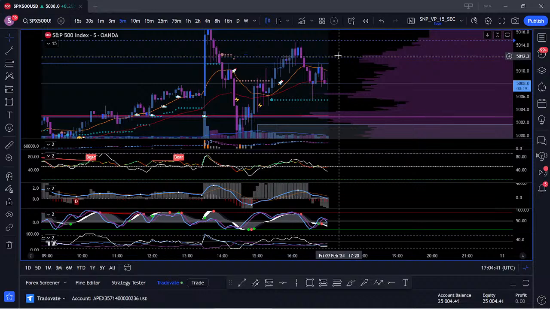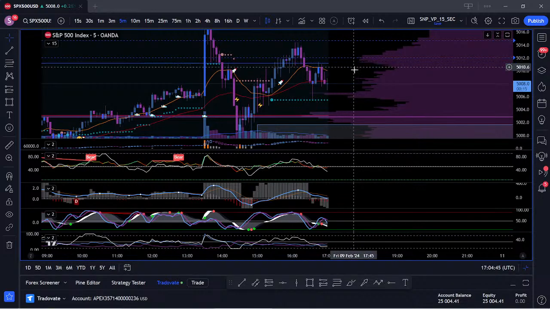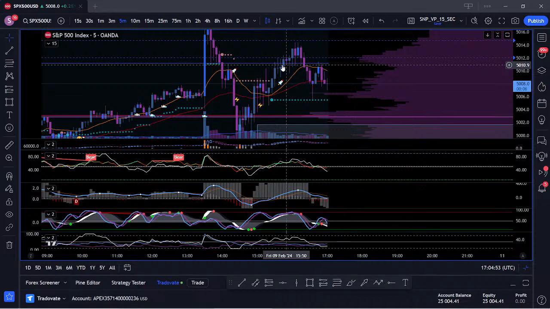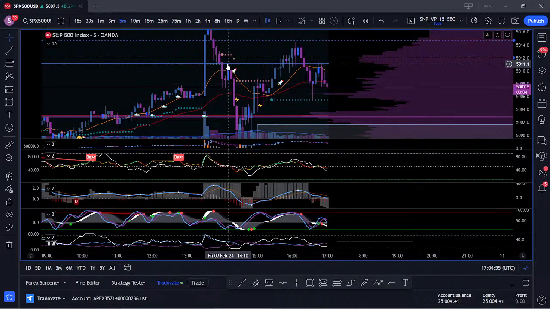See, that's where the pressure should be. But it went just below. We were unlucky. That's exactly where the pressure is. That's where it's supposed to go. But we were unlucky. It went into that.